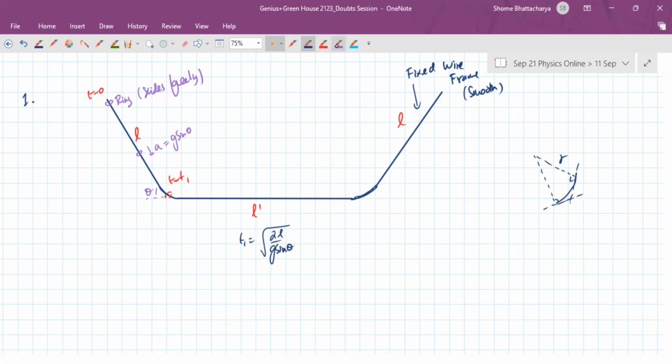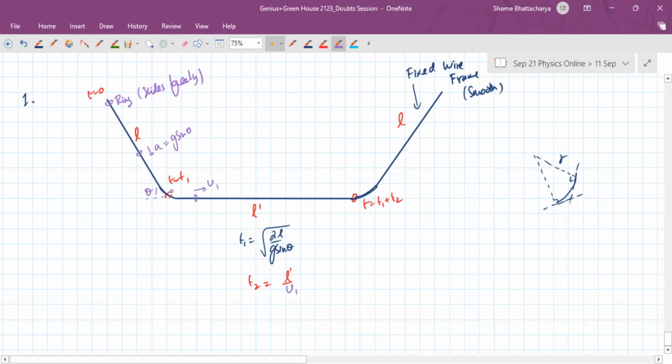Yes, sir. Okay. Now let's say it reaches here at some time T1 plus T2. That means it took a time T2 to go from here to here. So T2 will be how much? It will be L prime divided by some V, that is V1.